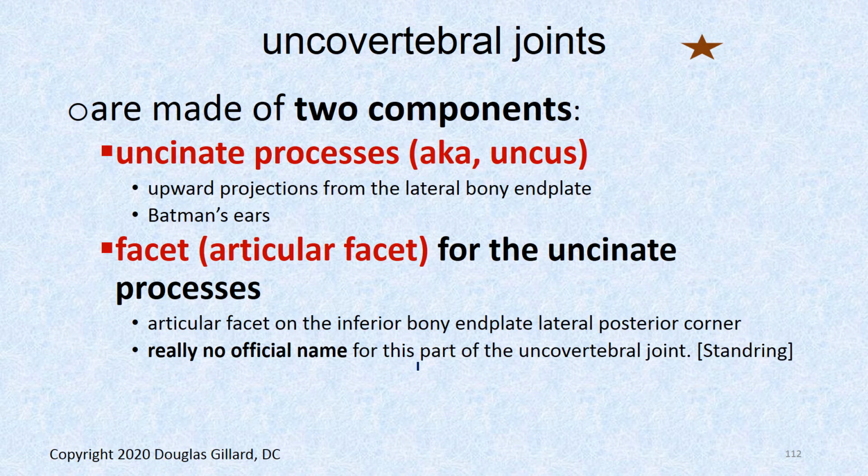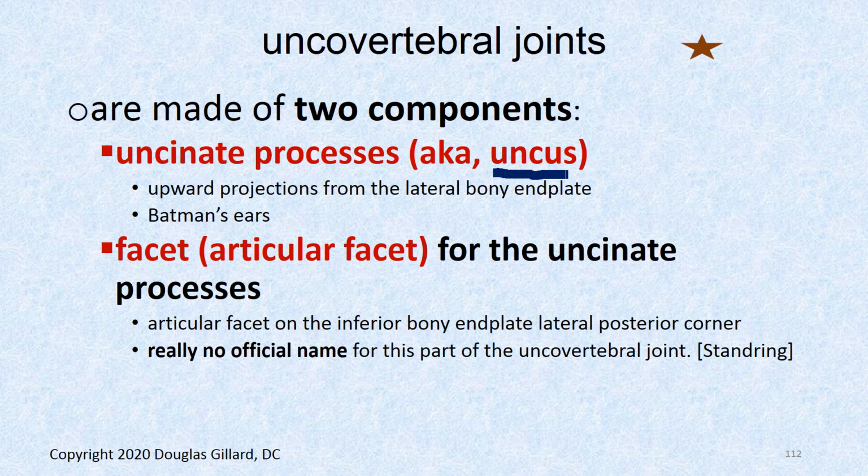They're made up of two components, the uncinate process, also called the uncus, and the facet. There's a facet on the inferior part of the vertebral body that accepts the uncus, and that's just called the facet for the uncinate process. Really no official name for that, which is surprising.